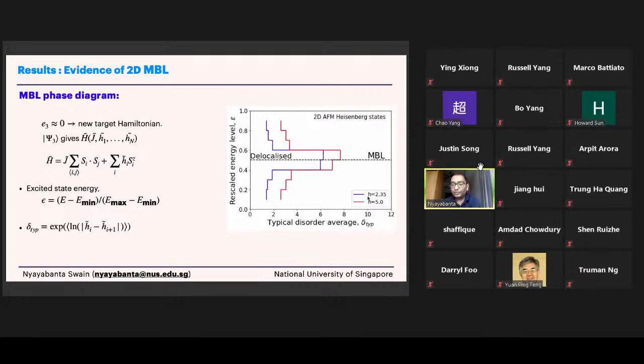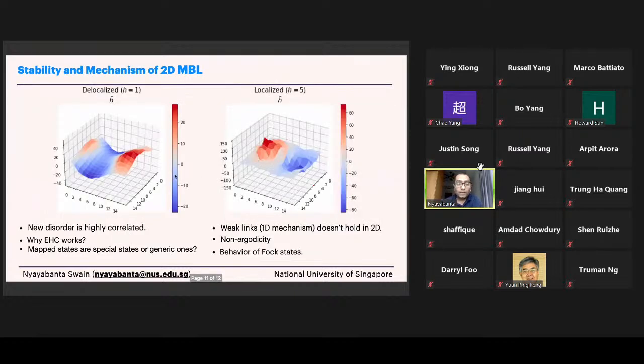We show it for two different values, deep in the localized side. We also saw that this formalism works on the delocalized side, which is not shown here.